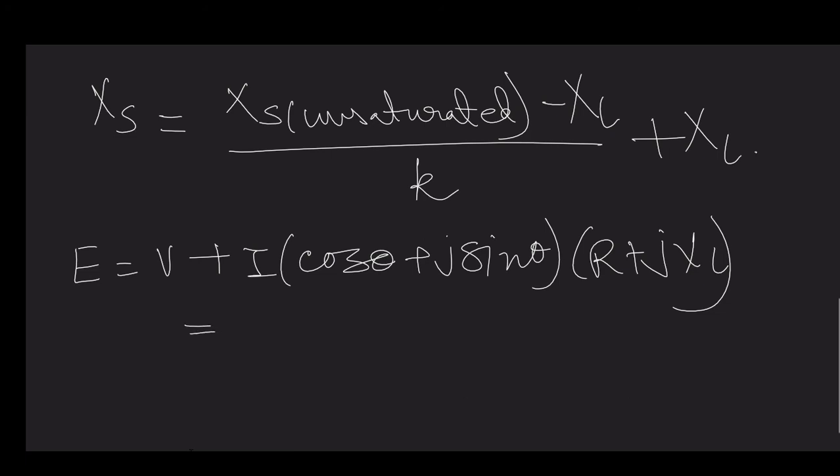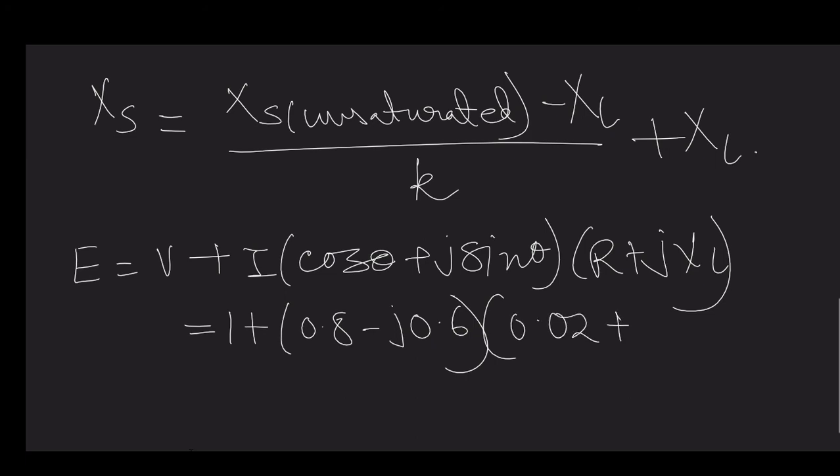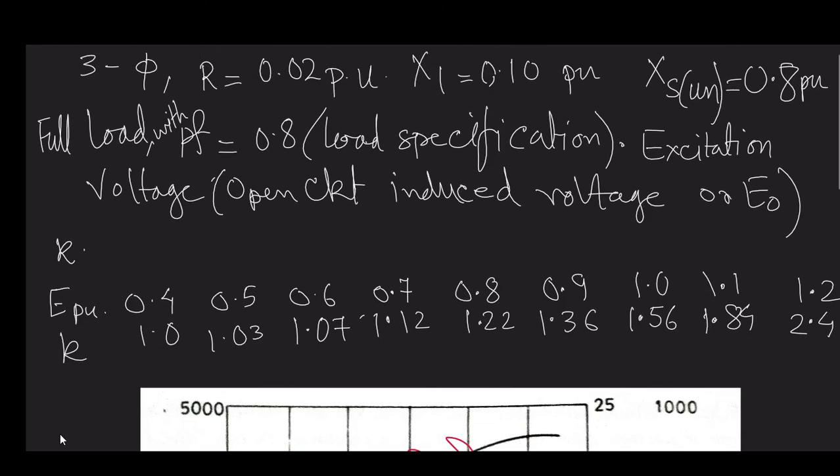something like 1 plus (0.8 minus j 0.6) times (0.02 plus j 0.1), so eventually it will result in 1.078 at 3.62 degrees. This 1.078 is very important for us. From this we have to figure out the value of K. So it is 1.56 and 1.1. Now for 1.08, what can we take?